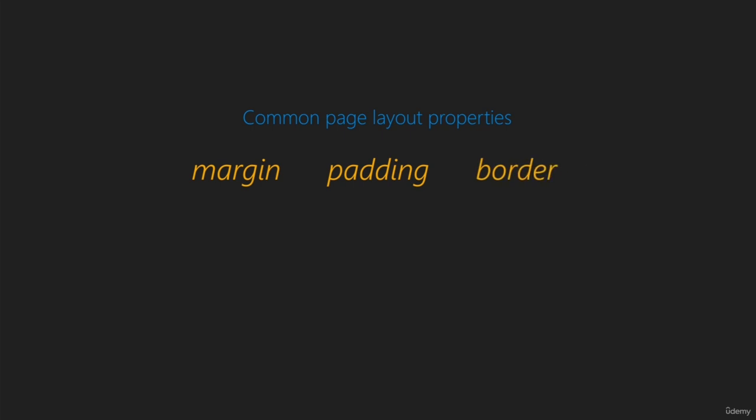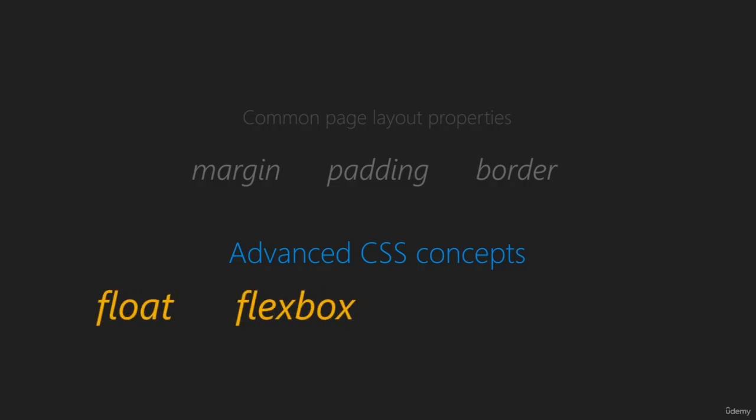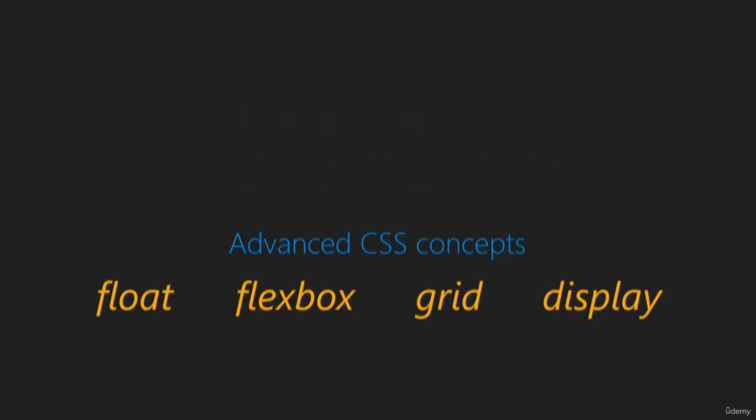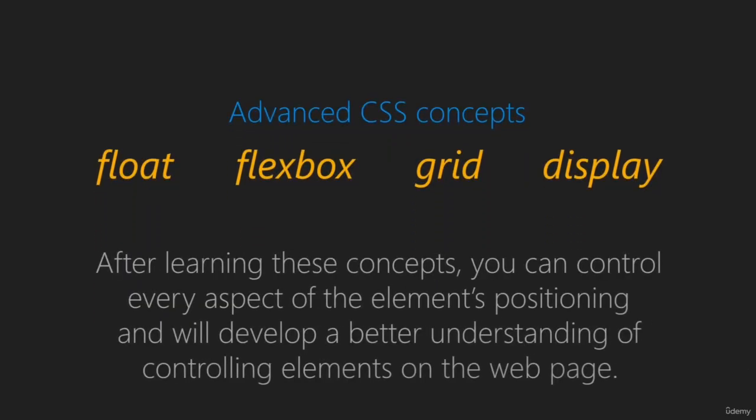As of now, we have seen some common page layout properties like margin, padding or borders, but in this section, we will be looking at advanced CSS concepts like floats, flexbox, grid layout, and the display property, etc. By the end of this section, you will be able to control every aspect of the element's positioning and will develop a better understanding of how the elements get distributed on the web page.